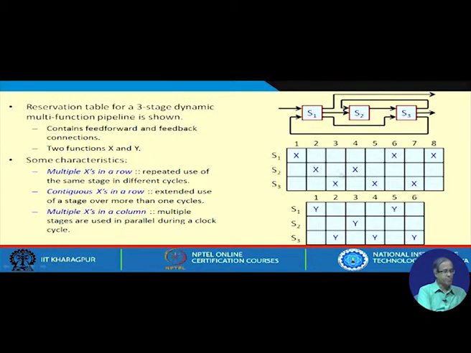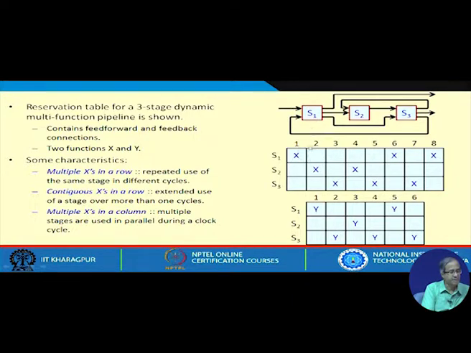So, let us look at a more complex reservation table. Here we look at that nonlinear pipeline example we showed earlier. For the same pipeline example, I am showing two possible reservation tables. Same pipeline, suppose I am using it in a dynamic way. One computation x is here, other computation y is here. It says that for computation x, we need 8 steps. How?